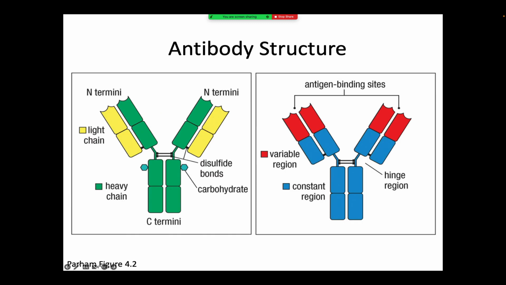I've got to tell you a few other things about aspects of antibody structures. I mentioned the difference between the Fab, the part that binds to antigen, and the Fc, the part that is constant.